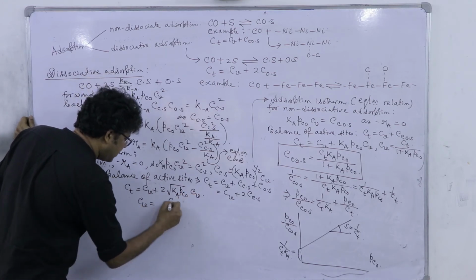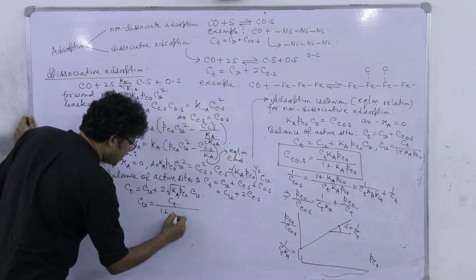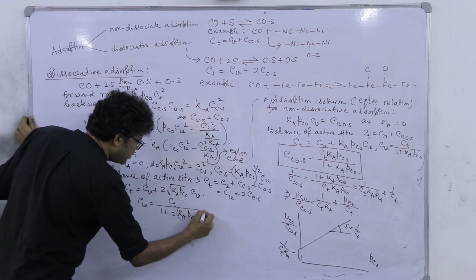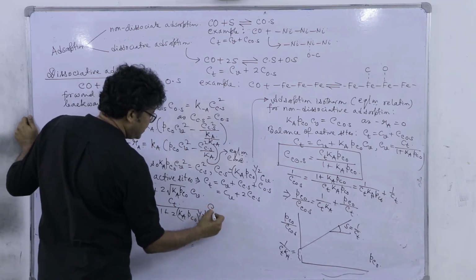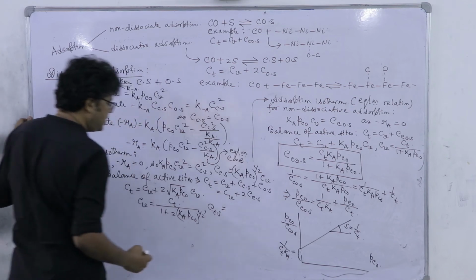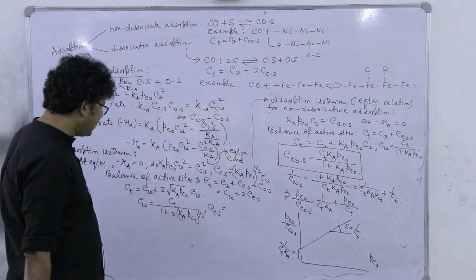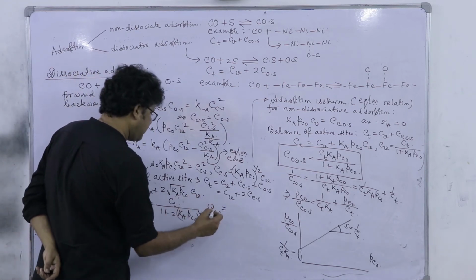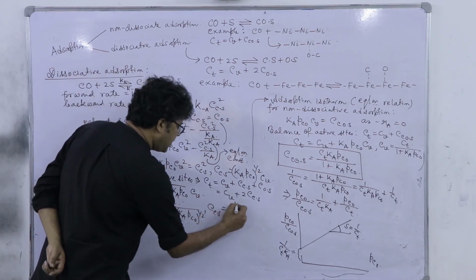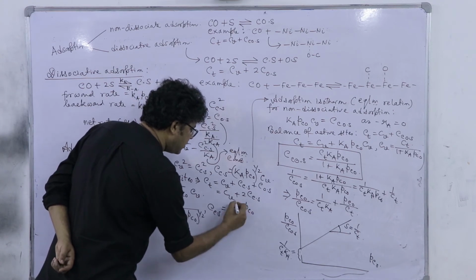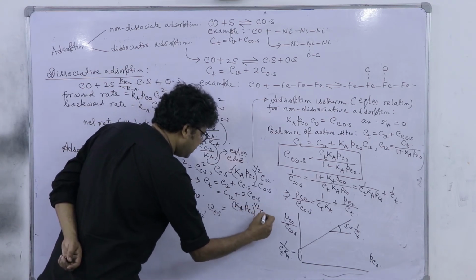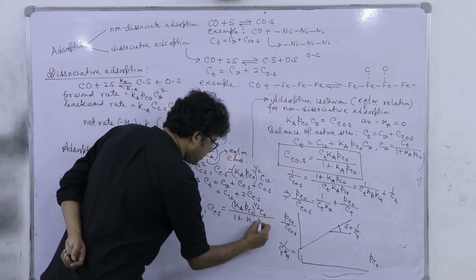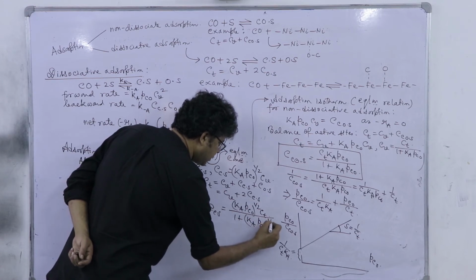So, Cv becomes Ct divided by 1 plus 2 under root of Ka PCO. So, obviously, this adsorbed concentration will be under root of Ka PCO into Ct divided by 1 plus under root of Ka PCO.